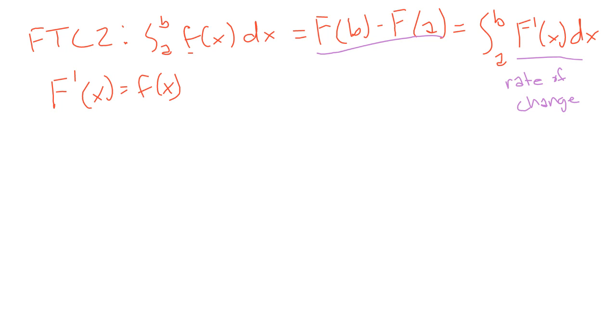If we have our f prime, that's a rate. But if we bring that up to just a plain f, we can see that this is actually going to be just a general change in y.